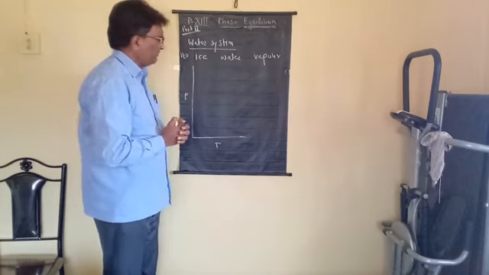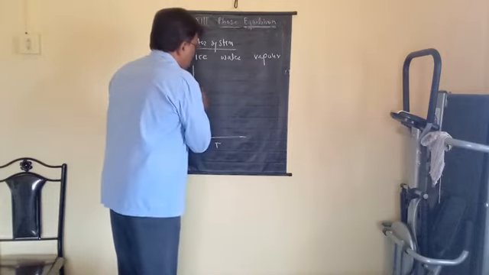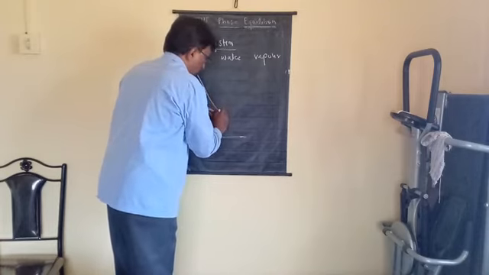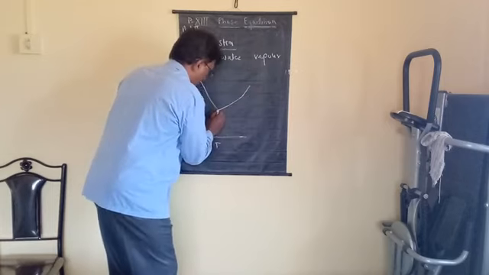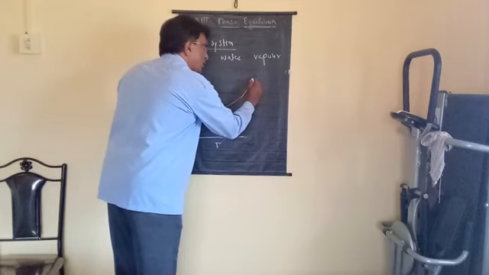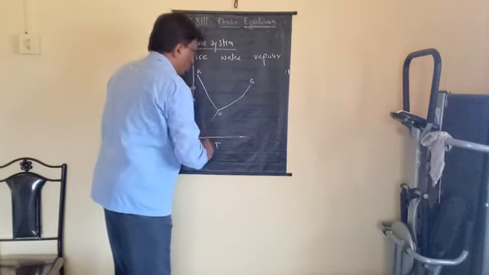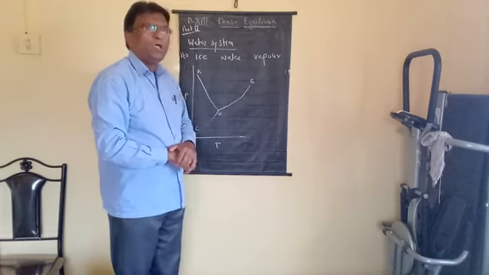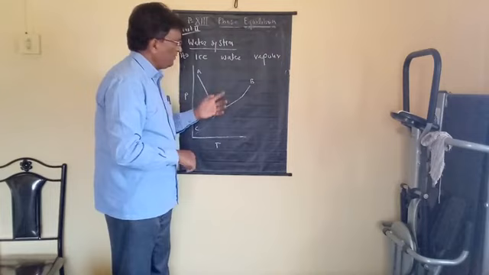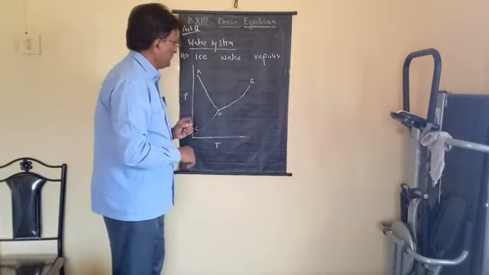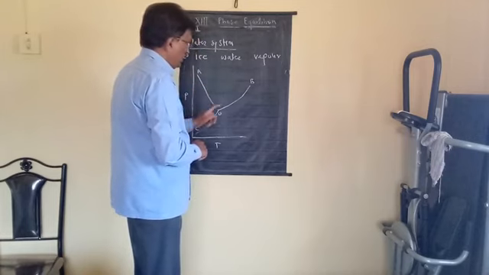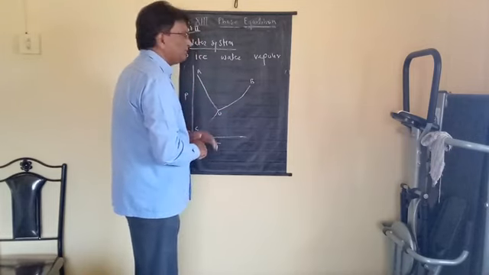Now this water system phase diagram consists of three curves: OA, OB, OC. These three curves divide this diagram into three areas: area AOB, area AOC, and area BOC.